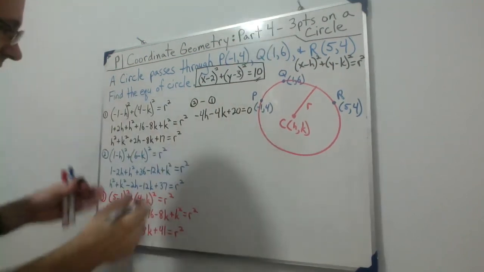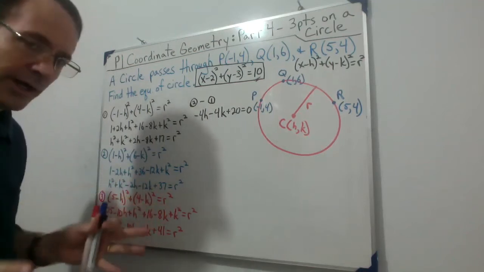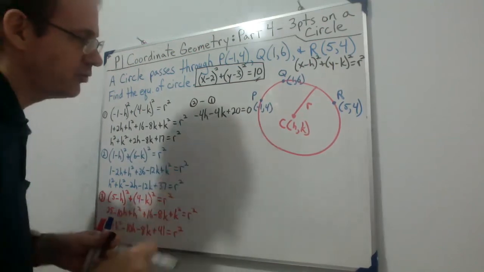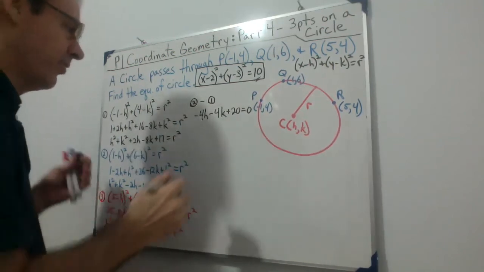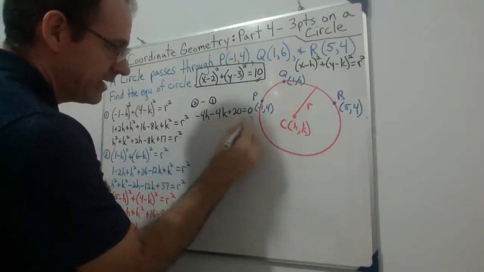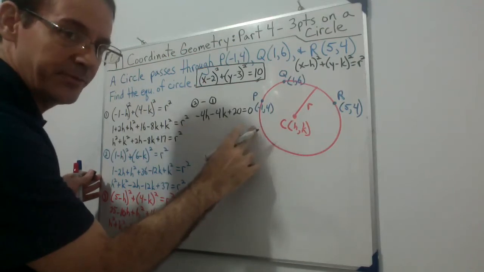So what we see here is when we subtract these, all the squared terms disappear. And what we're left with is now 2 variables. So I'm going to divide this by negative 4, since I already see a common value, so we can simplify it a little bit.